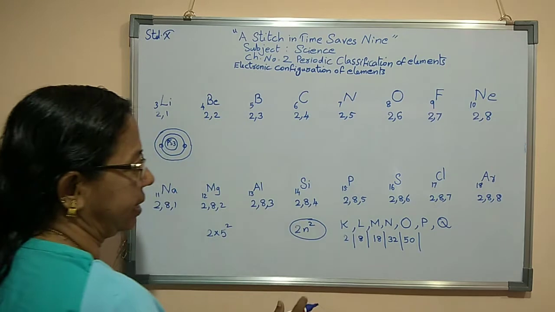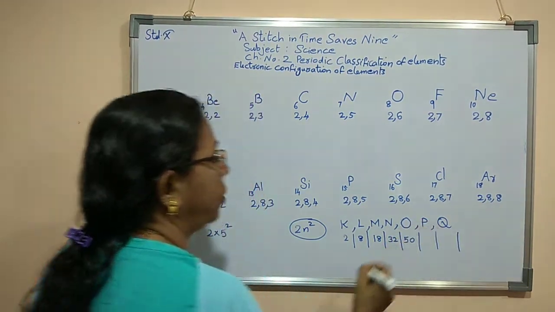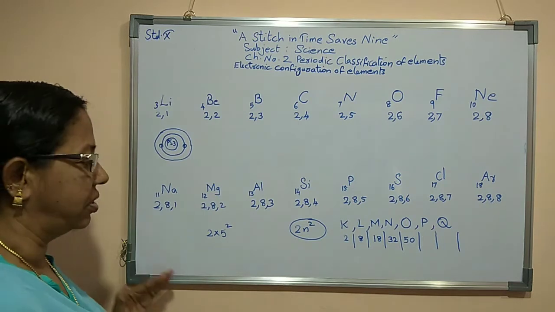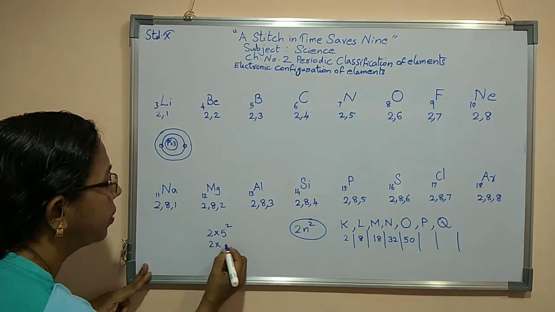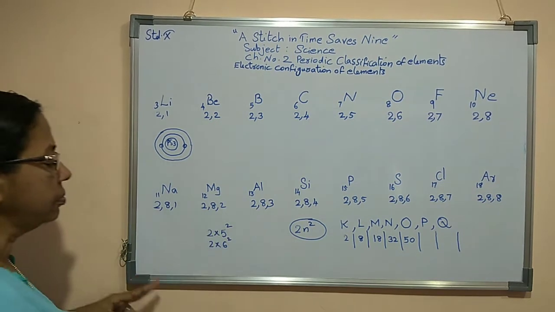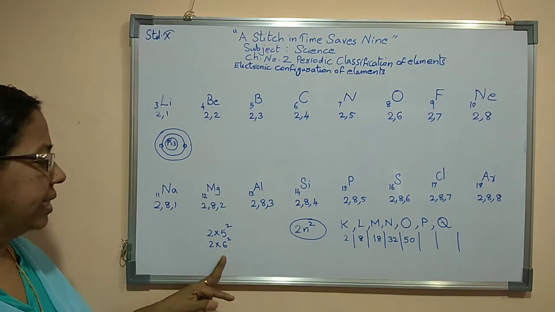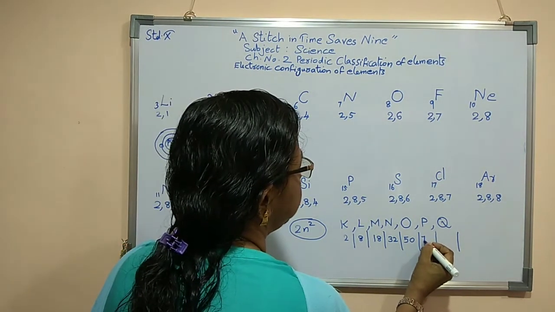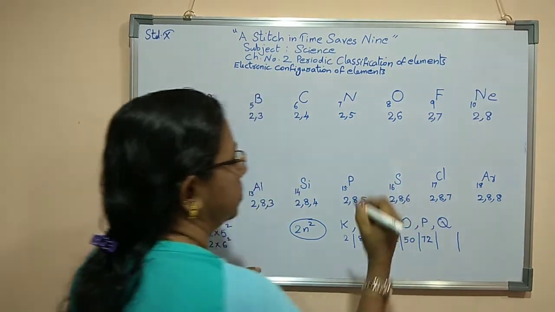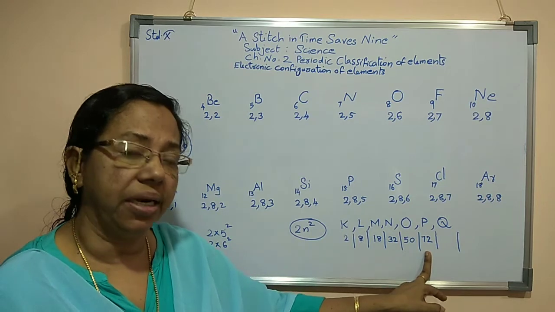So this is correct. Now how many can the sixth orbit occupy? And how many electrons can the seventh orbit occupy at maximum? Let us see that. Sixth orbit, that is 2 into 6 square. 6 square means 6 into 6, 36. 36 into 2, that is 72. So the sixth orbit can occupy maximum 72 electrons.